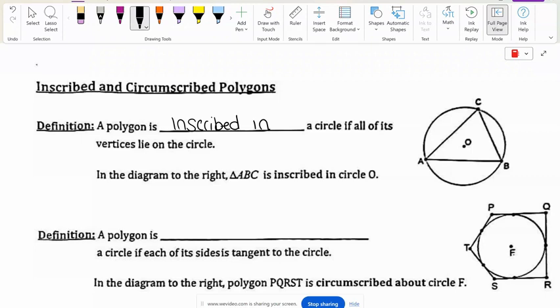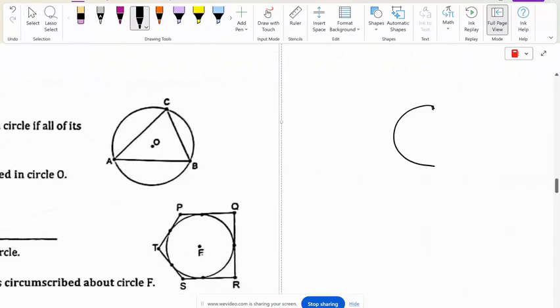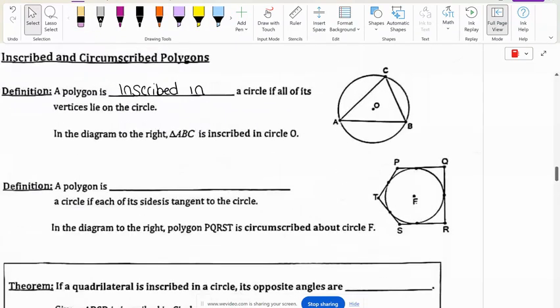If I were just to draw, you guys don't have to draw this, but if I were just to draw this, this is not a triangle inscribed in a circle. That's just a triangle inside of a circle. Inscribed means all its vertices are on the rim. Right?